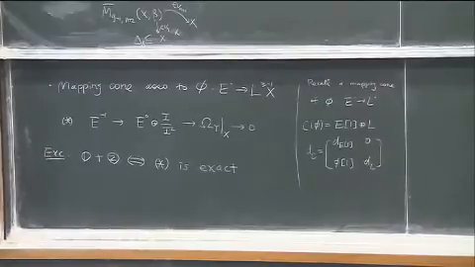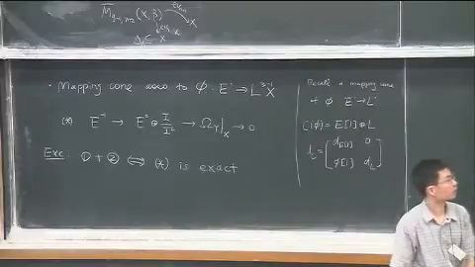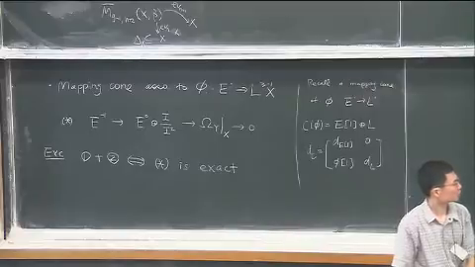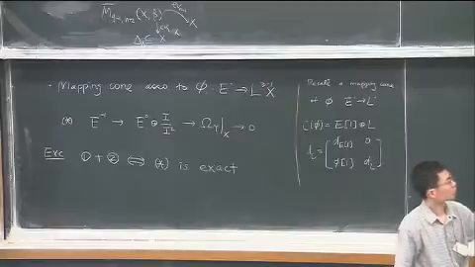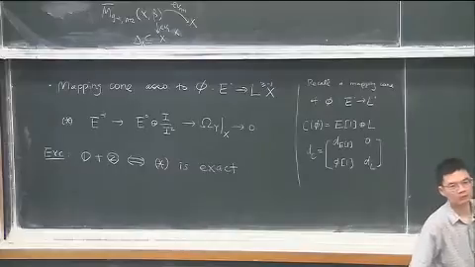What I mean is, it induces an isomorphism in cohomology in degree 0 and induces a surjection in degree -1 in cohomology. I'm grading these two-term complexes in degrees -1 and 0.